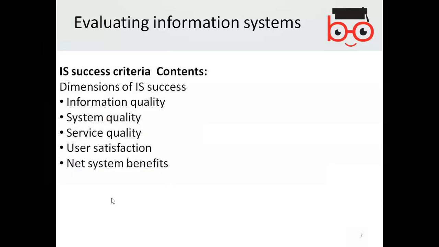So you should consider, whenever you want to talk about the success criteria for an information system, that your information quality should have been assessed, your system quality should have been assessed, and the service quality itself, which is being provided by the system based on the information process. The service quality, as the output of the system, is only acceptable if the users are satisfied.